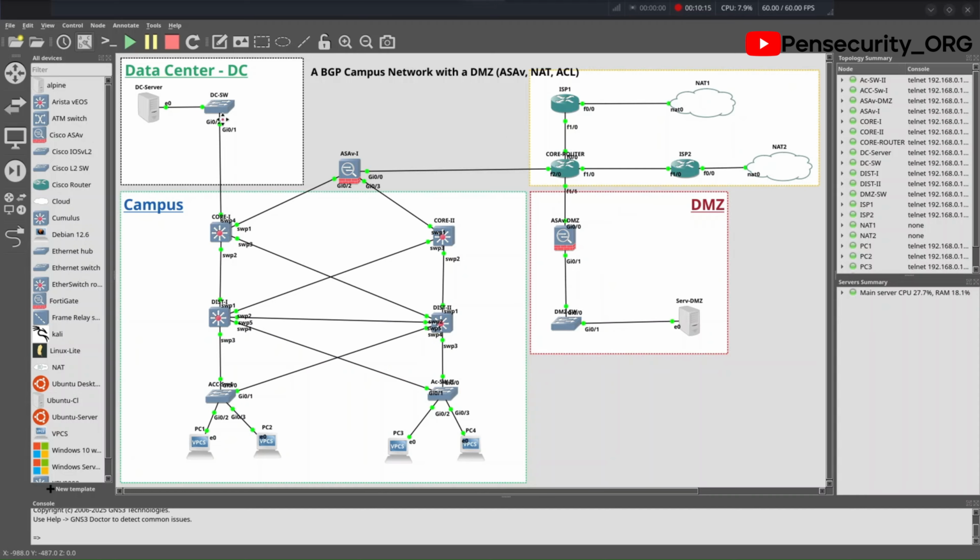Then we have the data center switch, and we have a DC switch. Let me start with the layer 2 switches first, then we'll go step by step. Let's talk about this layer 2 switch here. It doesn't have any IP address or SVI on it. No IP address is configured on it, no SVI.